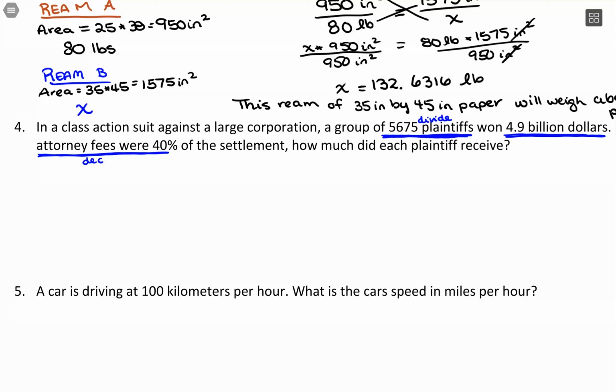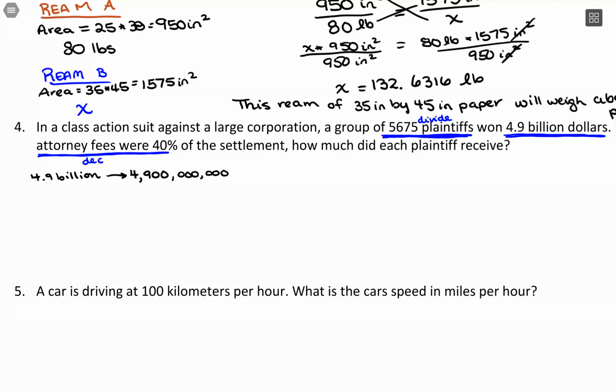So it can just be better to take that 4.9 billion and switch it over to the long form, which, let's see, we'll have 4 and then 900 million, thousands, hundreds. So that would be the equivalent of 4.9 billion.